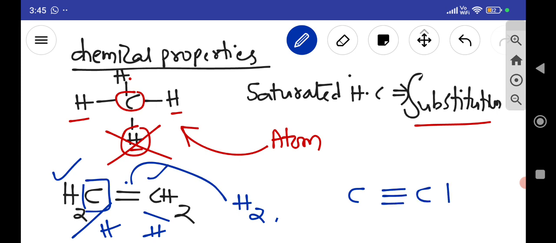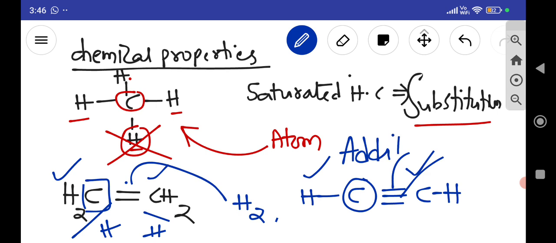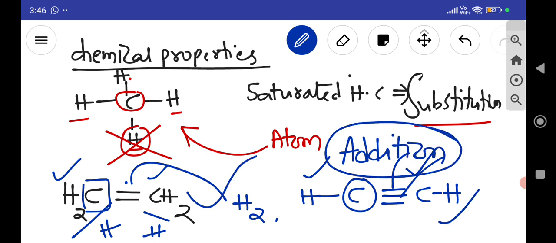Similar is the case of alkynes. This is also called unsaturated because the carbon is surrounded by only 2 atoms instead of 4. So you can remove the bonds and add some other atoms. So always remember, addition reactions are shown by unsaturated compounds like alkenes and alkynes.